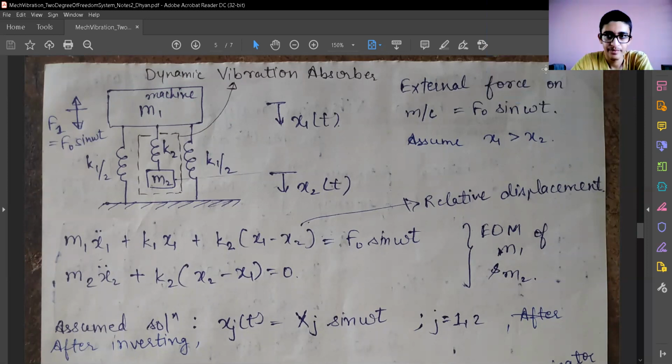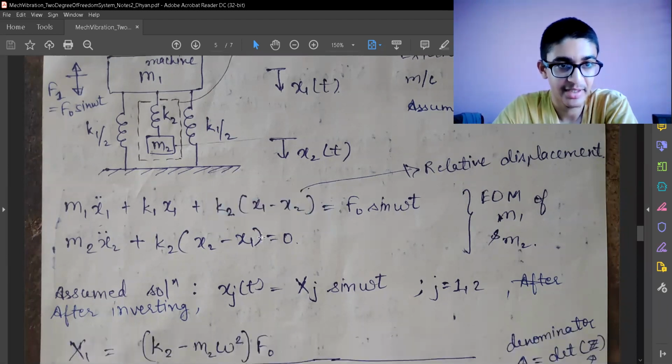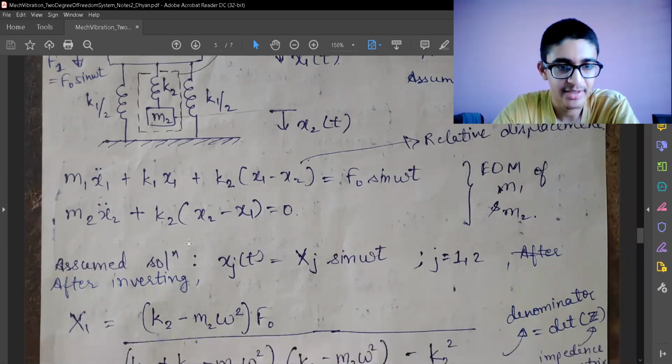And we'll assume some values of x1 and x2 to write the equation of motion. So we have written the equation of motion where you must remember this is the relative displacement, because the spring is connected to both m1 and m2. So over there we need to take relative displacement. m2 only has the inertia and the spring force. So we have written the equation of motion.